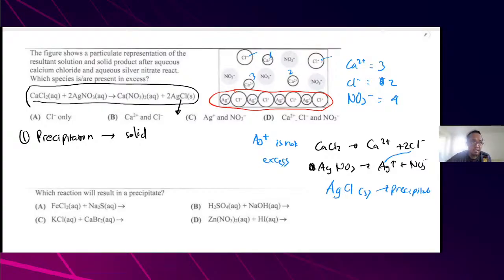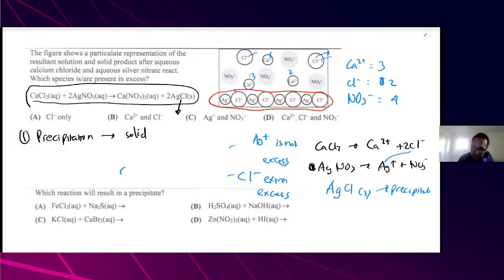Ag is not in excess. How about the Cl minus? As you can see, guys, some already form the solid. However, in the solution, they still remain, so the extra remains and it will be in excess.